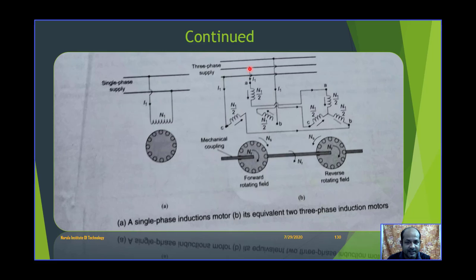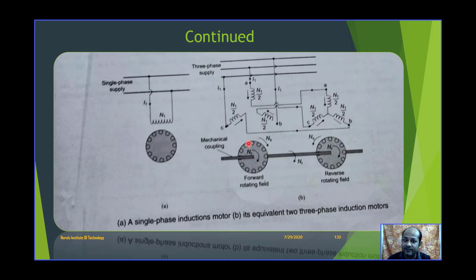If this is A phase, this is C phase, and this is B phase. But look, the phase sequence is different in these two stator windings, because if you see, A is connected with A, whereas C is connected with B phase, and here B phase is connected with C phase.